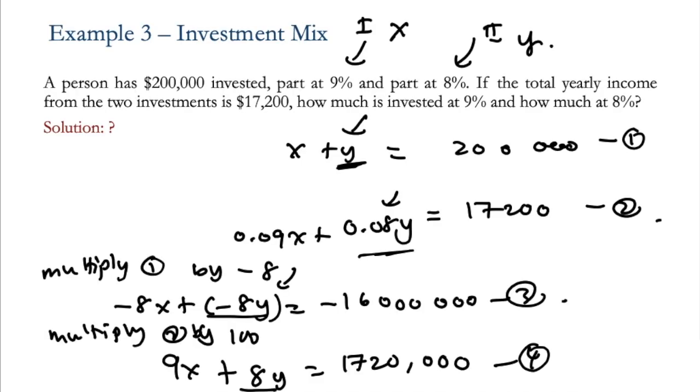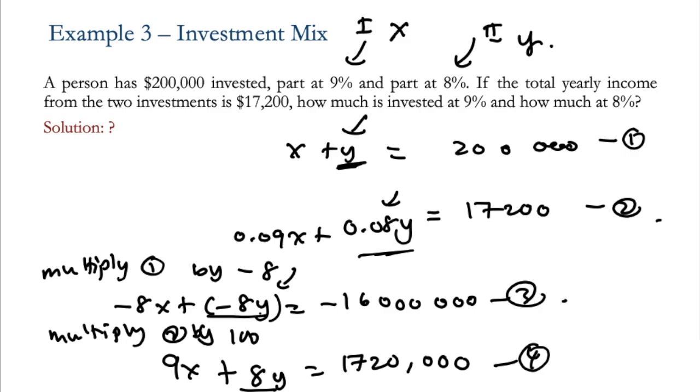Next step is to add equation 3 plus equation 4. So when you add equation 3 plus equation 4, minus 8x plus 9x becomes what? Becomes x only. And then plus 0y, because why does it become 0y?